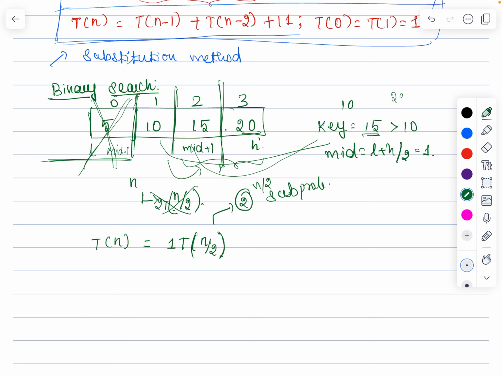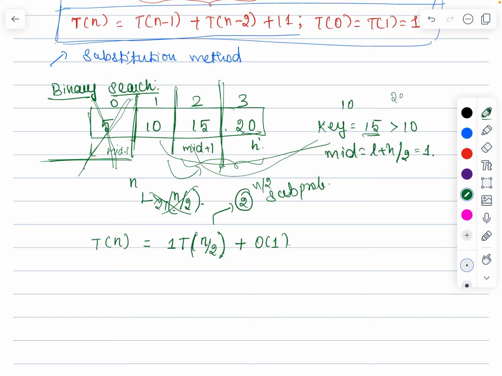So 1 T(n by 2) plus big O of 1. This indicates, as we already discussed in the previous lecture, the constant time for performing the comparisons and updating the indices.